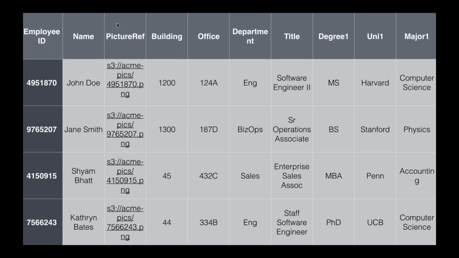Those tables have columns, those tables have rows, and it's a great way of representing data when the data does not interrelate. When the data is discrete bits of data and we want to query, for this employee, give me all the information about them, and we're not worried about things like consistency in some of the columns and things like that. It's a great way to think about tabular data.